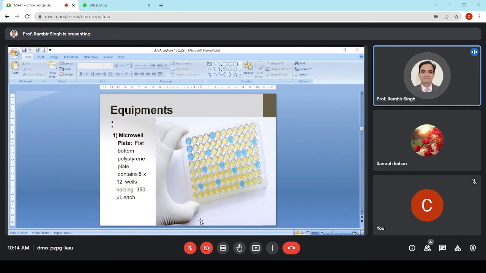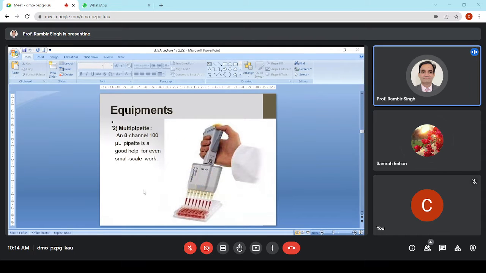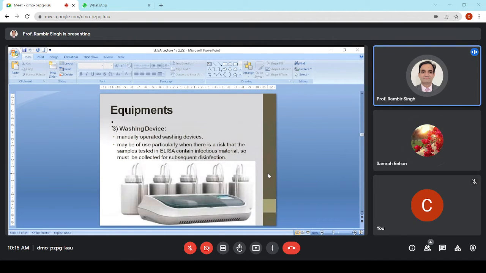In equipment, we require a 96 well plate where we perform the assay. Then we require a multi-channel pipette. Generally an 8-channel pipette is used so that we can do titrations, because titrations are very crucial in ELISA. Then we have a washing device, because every time we have to wash so that the unbound conjugates can be removed.